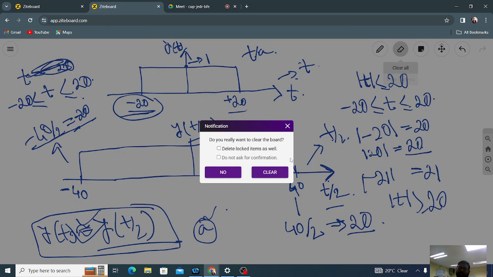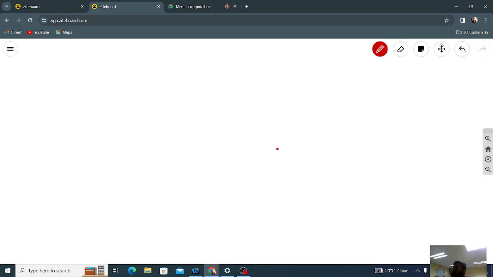Just let me solve the question. The signal is cos(2n by pi), and this is discrete.